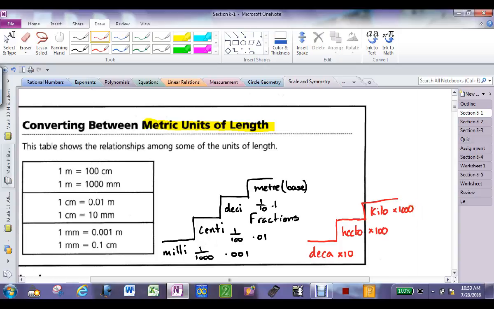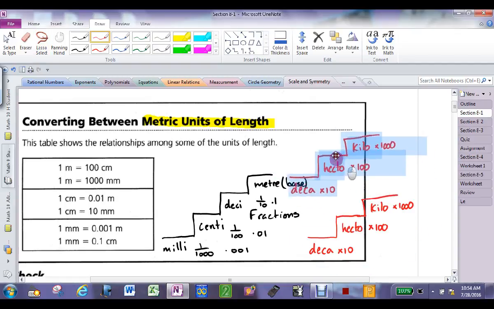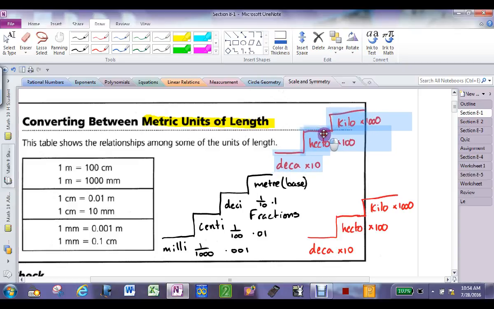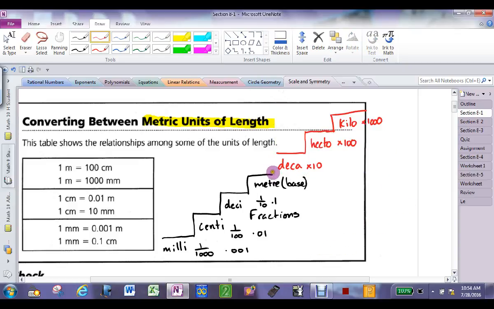So if I have 1 meter, that's 1/1000th of a kilometer. Got it? So the same thing happens here. And then below deca is obviously meter. So this part of the staircase would go there. And all you do is move the decimal point.